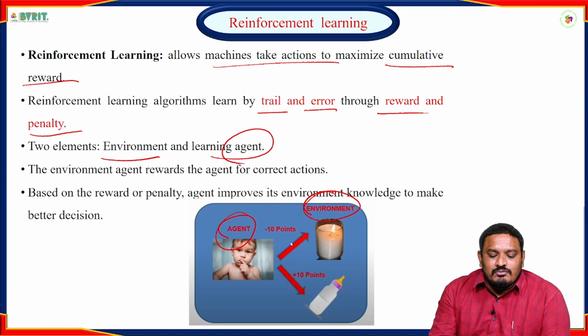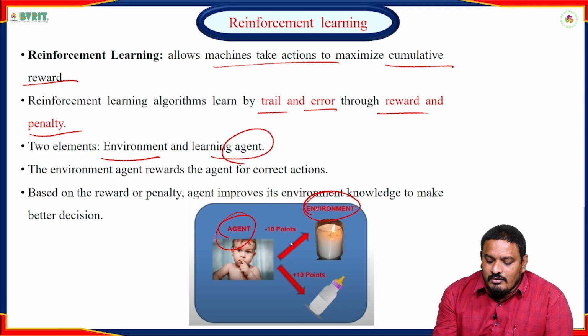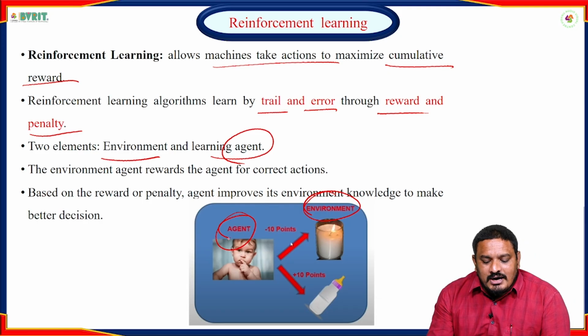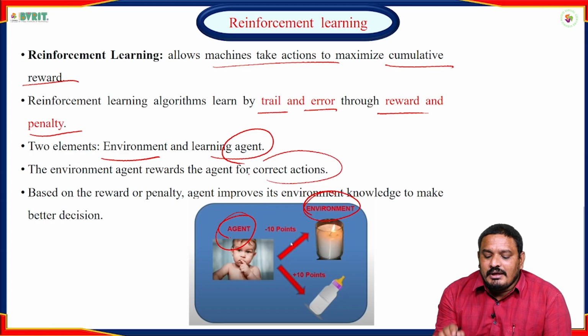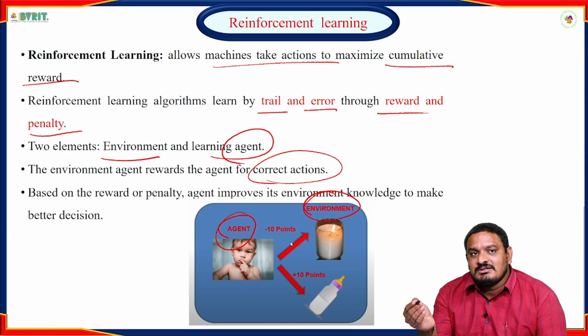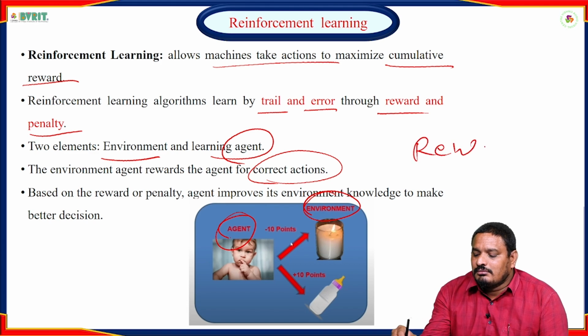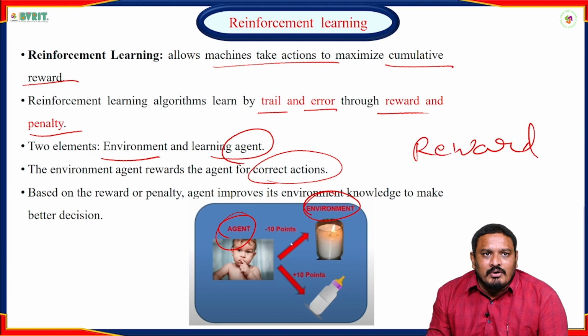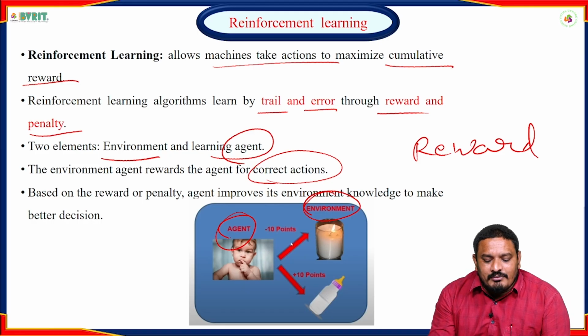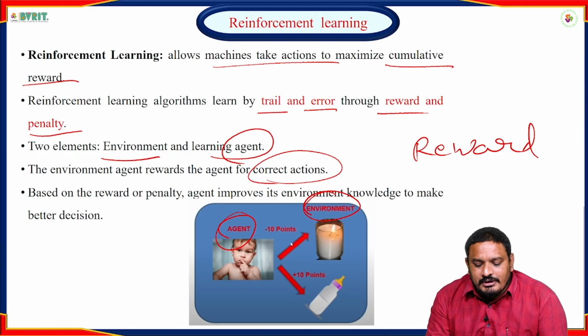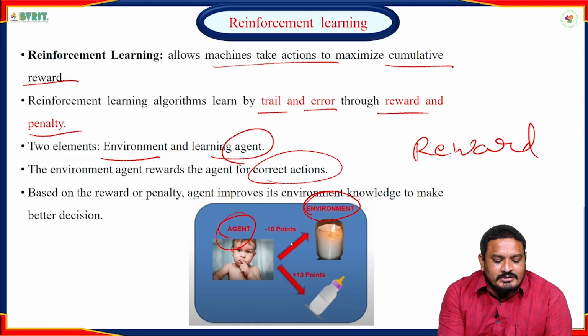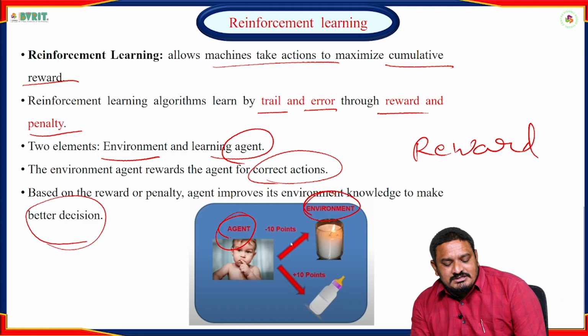The environment rewards the agent for the correct actions. To perform the correct actions in that environment, the agent can get the reward. Based on the reward or penalty, the agent will improve its environment knowledge to make better decisions.